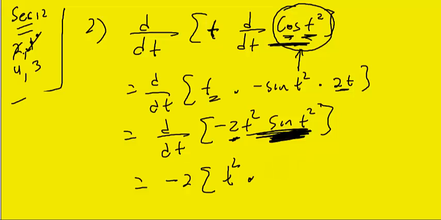Sine. I thought. Okay, so it'll be cosine t squared times 2t plus second, which is sine of t squared, times derivative of the first, which is 2t. There it is. You can leave it there. You don't have to clean it up now. That's right.